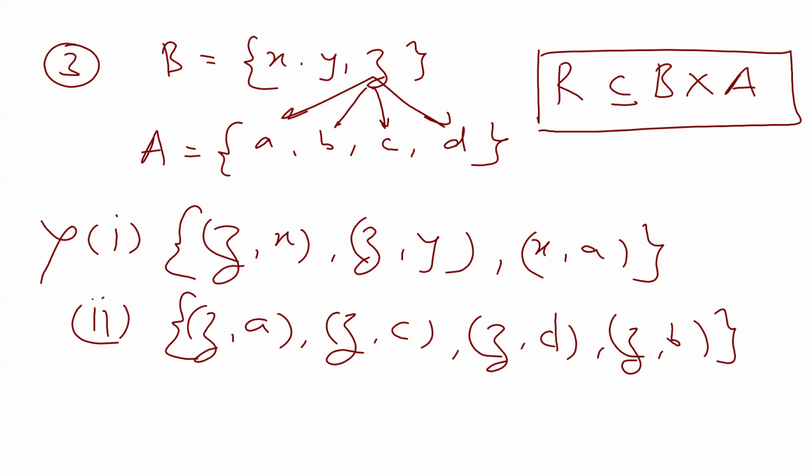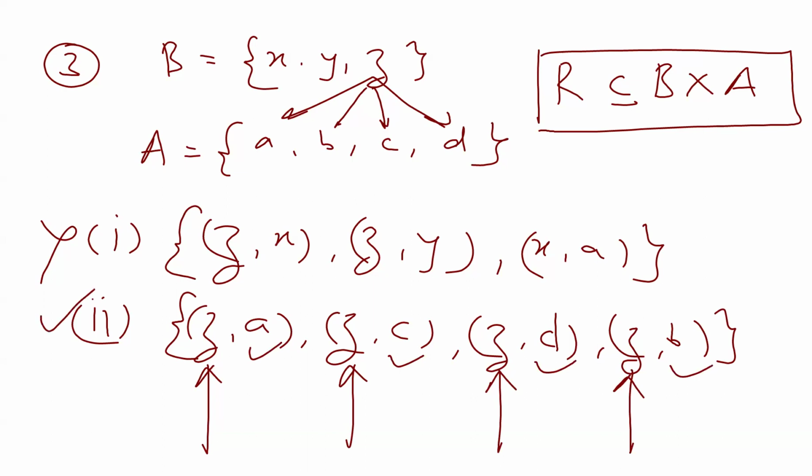Now these ordered pairs are framed in such a way that the relation is from B to A. The first component is from set B. The second component is from set A. So definitely this is a relation from B to A.